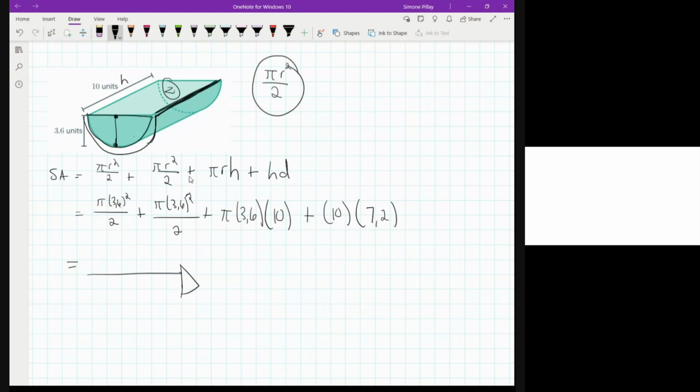Isanila, you said you also had a question, yes? Ma'am, how did we come up with pi RH plus HD? Okay. So I have to go and figure out the length of this curved rectangle at the bottom of my cylinder.